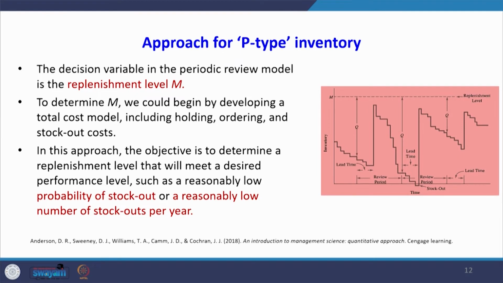The objective is to determine the replenishment level m that will meet a desired performance level, such as a reasonably low probability of stock out or a reasonably low number of stock outs per year. Instead of finding the total holding cost, ordering cost and stock out cost, we are going to measure the performance of the inventory system based on how many stock outs are permitted.